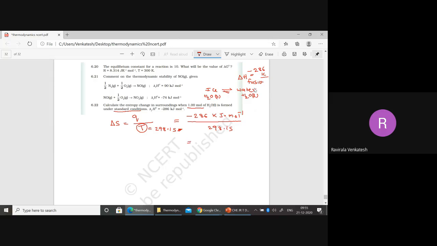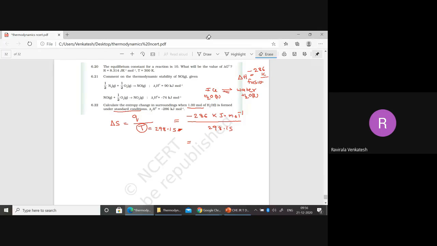Now you will get the answer. Now whether I have to take minus or plus here? Here minus is given because it is an exothermic process. What do I have to take here? Anybody knows?